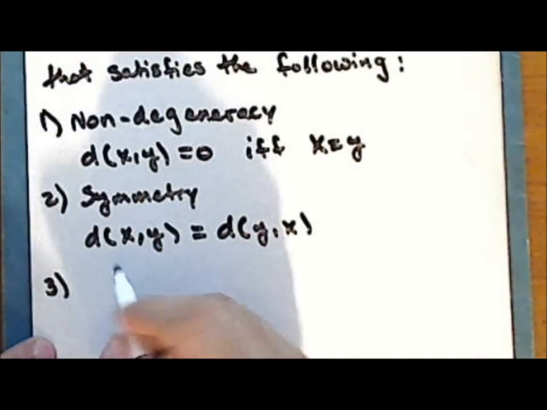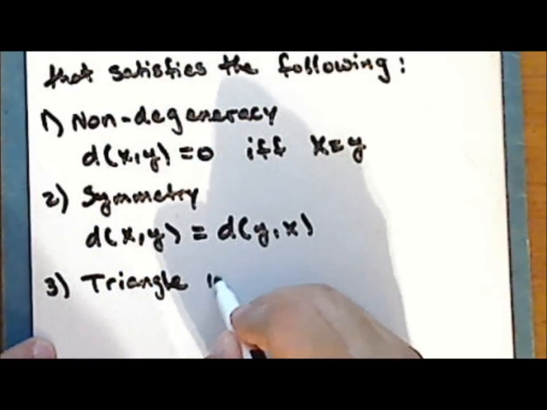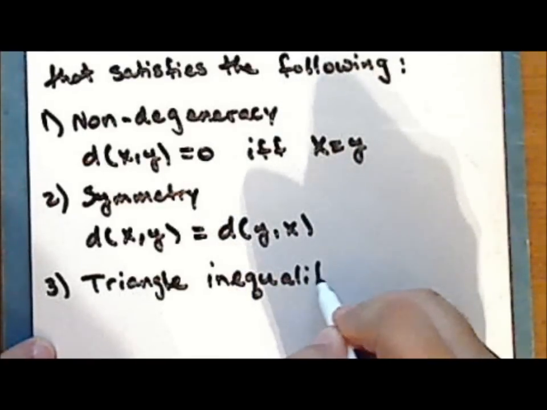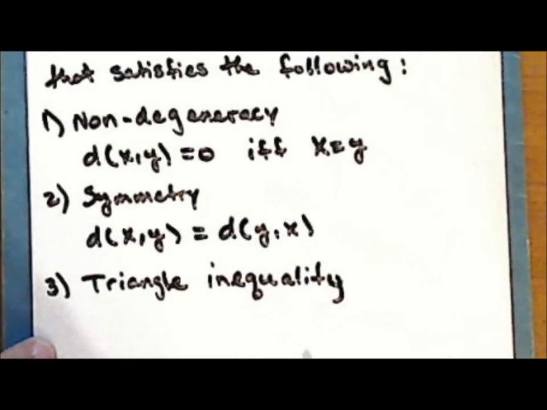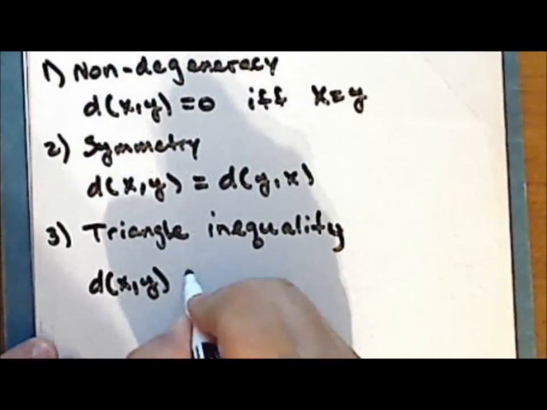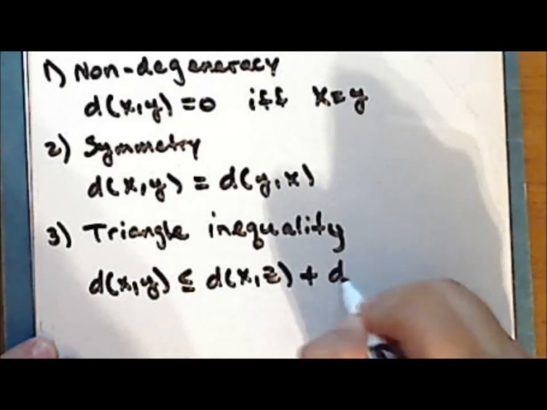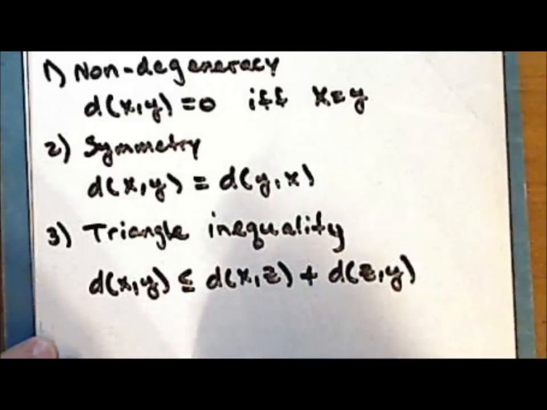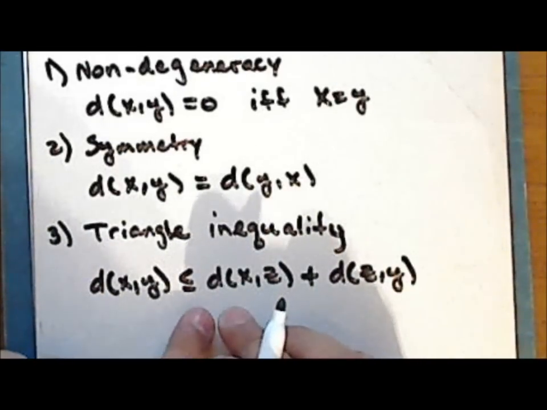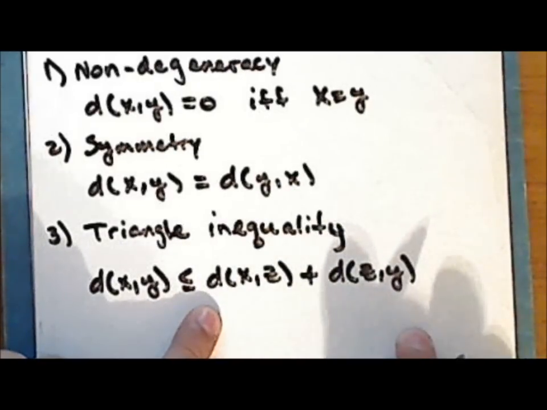And the third property is known as the triangle inequality: d(x,y) is less than or equal to d(x,z) plus d(z,y). So the distance between x and y is less than or equal to the sum of the distance from x to z and then from z to y.